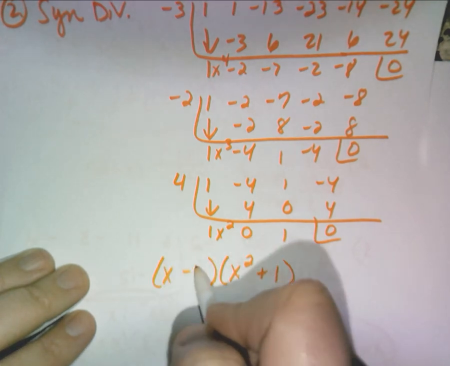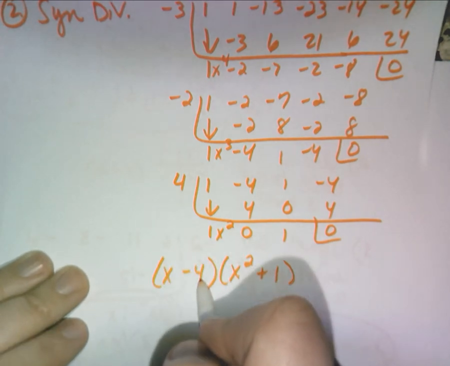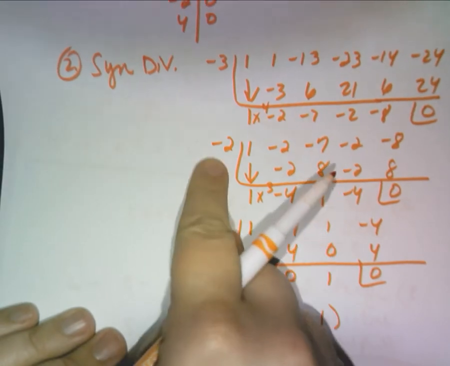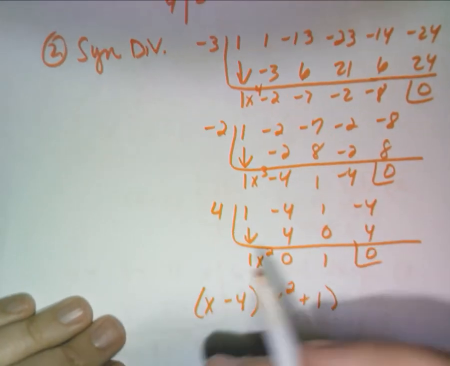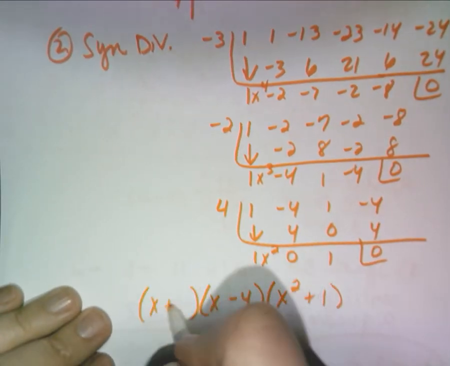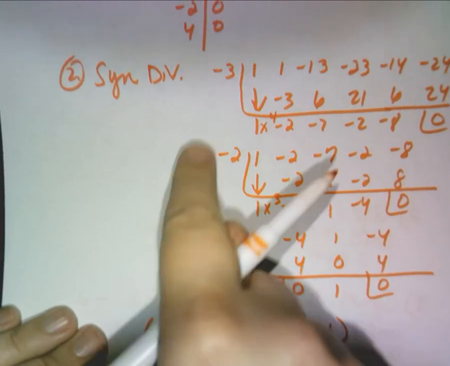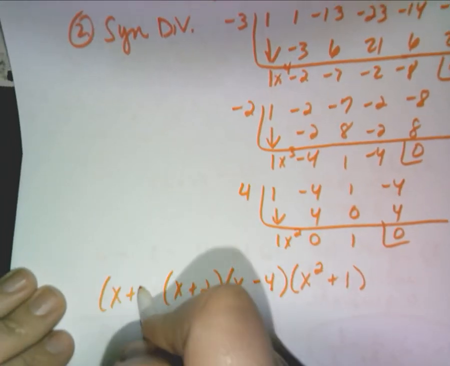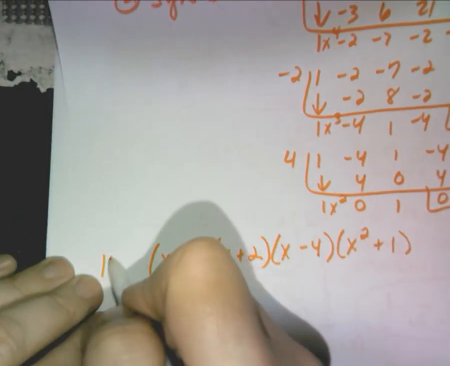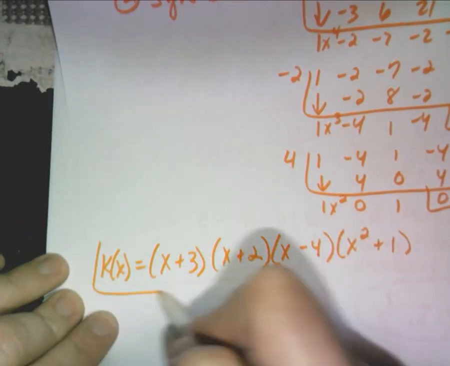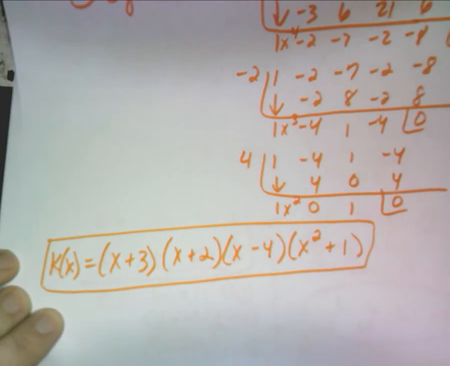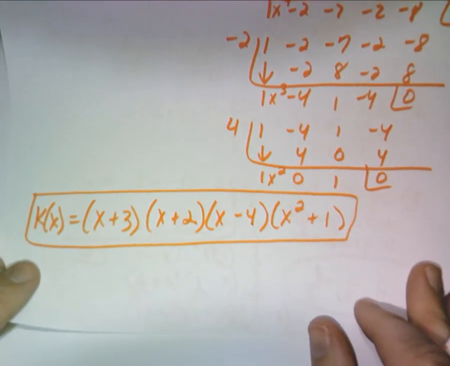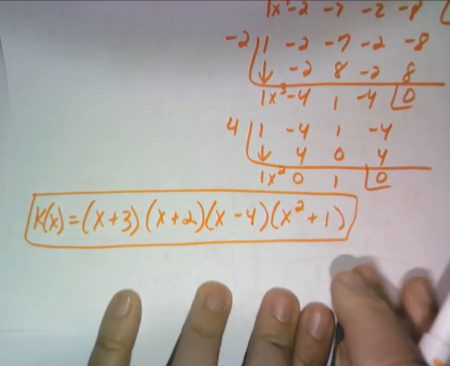X minus 4. And then what you divided by before that could also be written as a factor. X plus 2. And even further up, we still divided by -3, which is x plus 3. Guys, this right here is the factored form of that polynomial. You just factored it all the way down until it can't be factored anymore.